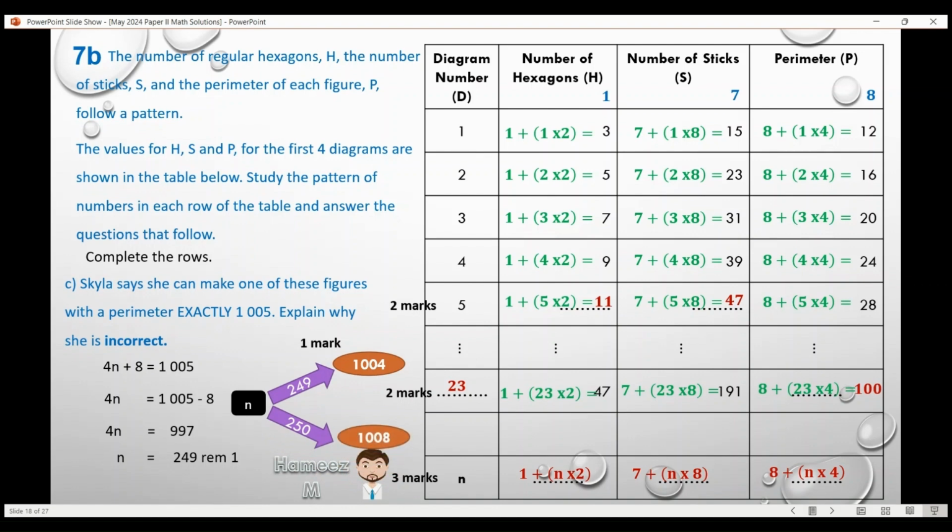Therefore, Skylar says she can make one of these figures with a parameter of exactly 1005. The 249th diagram has 1004 as a parameter, and the 250th diagram has 1008. So there's no diagram in between both of those. As such, she can't make that exact figure. That's why she's incorrect.